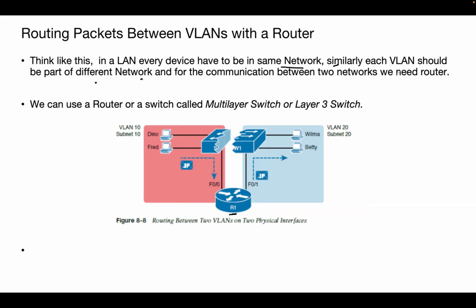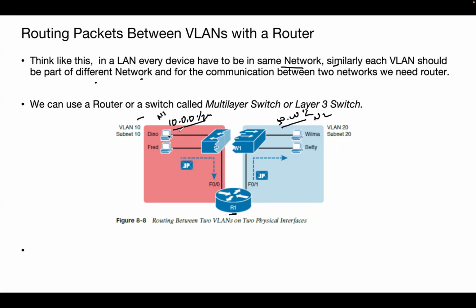Between two networks, we need to have a router. See, if this is VLAN 10, here it will be in the 10 series IP address, maybe 10.0.0.0/24. For VLAN 20, maybe it is the 50 series IP address. So it's obvious that this network and this network will be different. It will be N1, this will be N2.